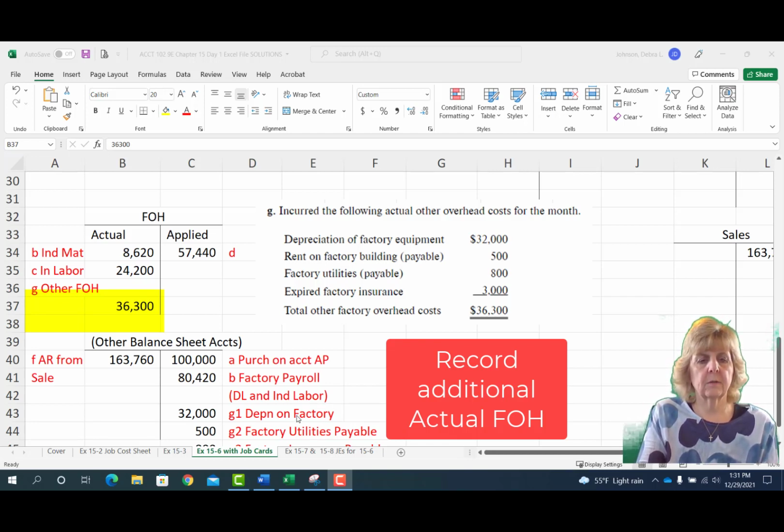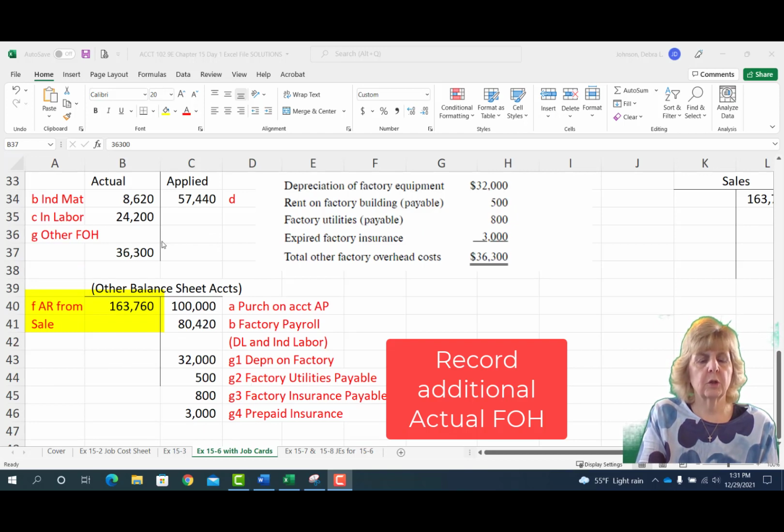Again, in the interest of saving space and time, we're just putting it to this other balance sheet account, but the credit would actually be to accumulated depreciation. The rent on the factory building would go to either accounts payable or more specifically factory's utilities payable. The money is owed.